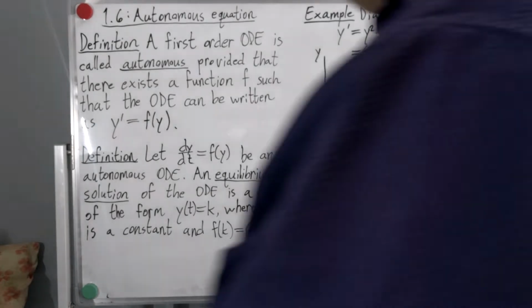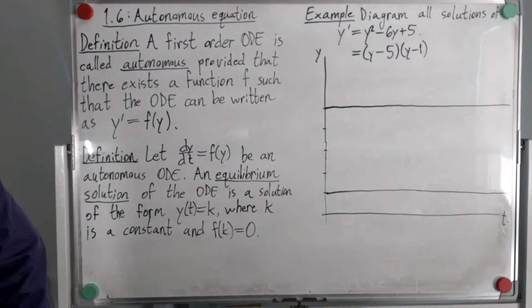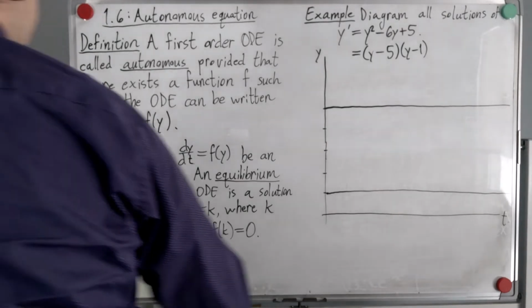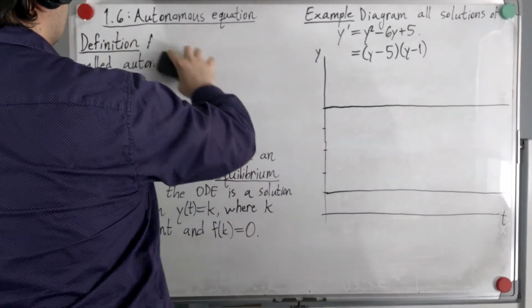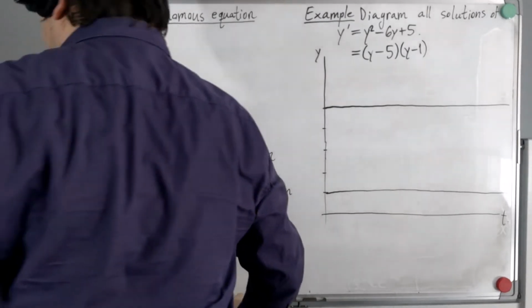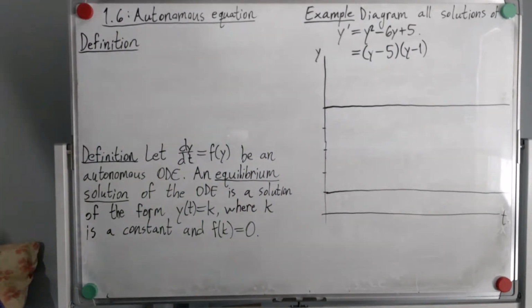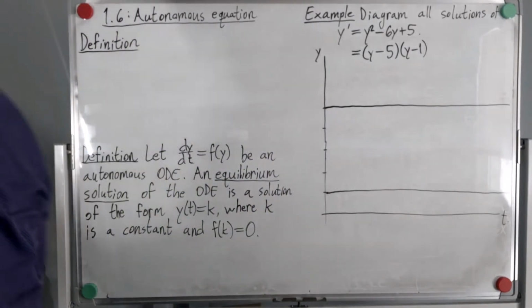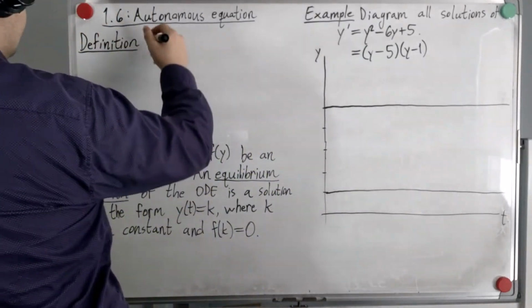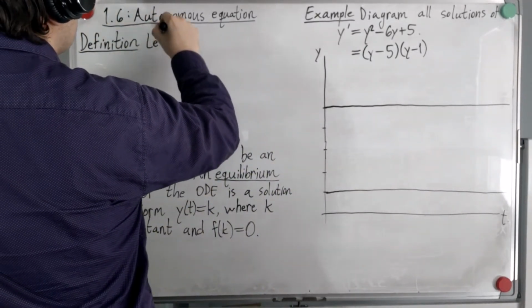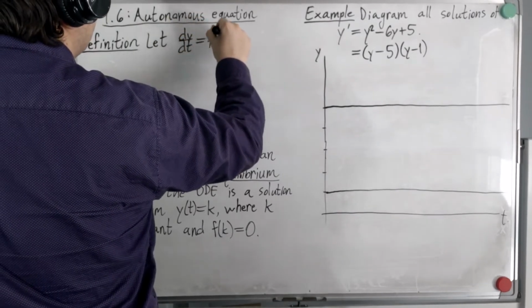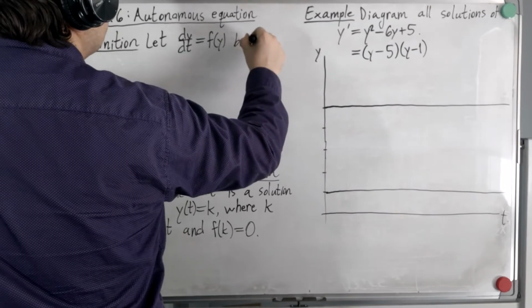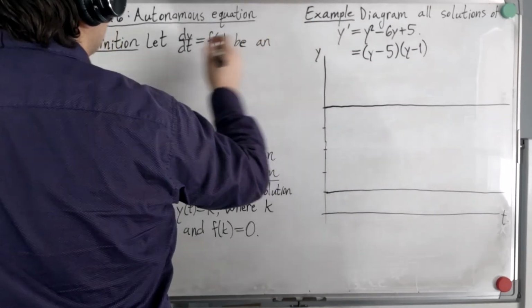Okay, so the next thing we need to do is construct what's called the phase diagram. So let dy dt equals f of y be an autonomous ODE.